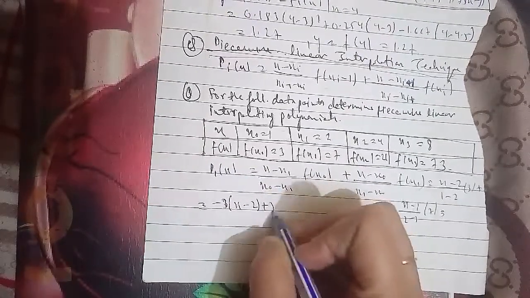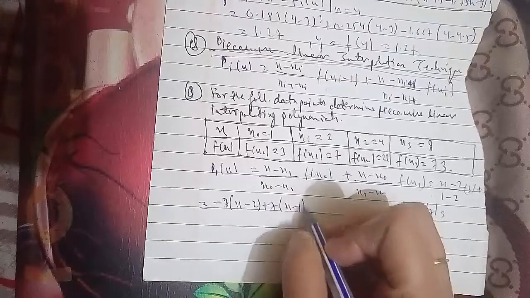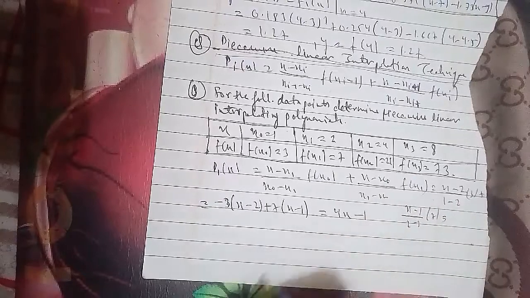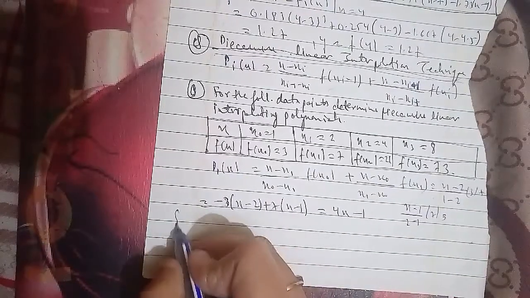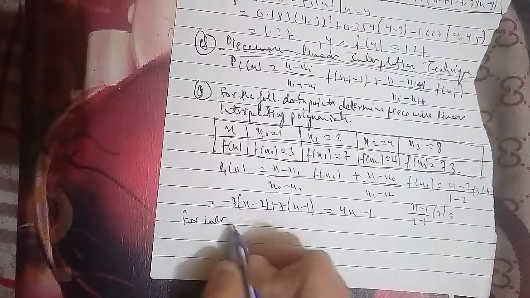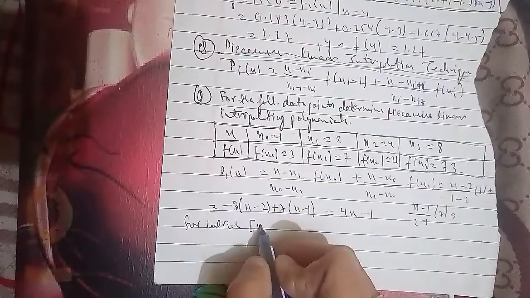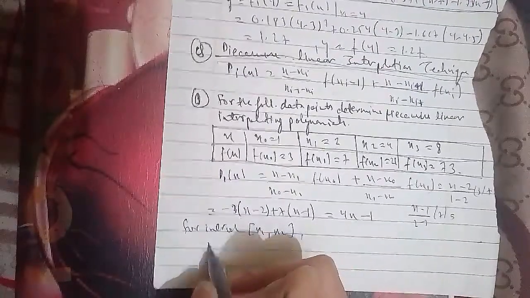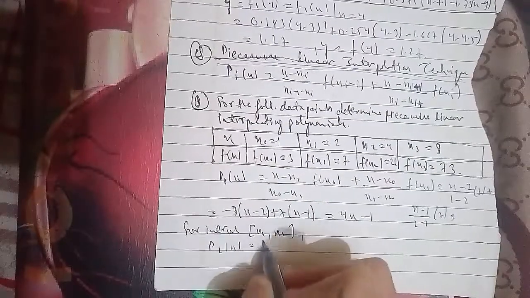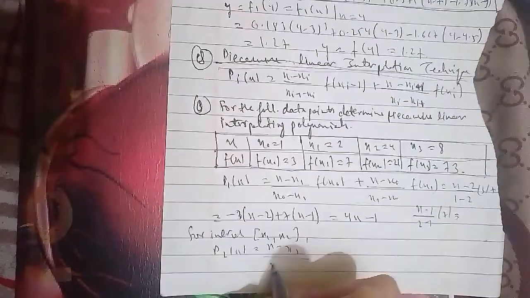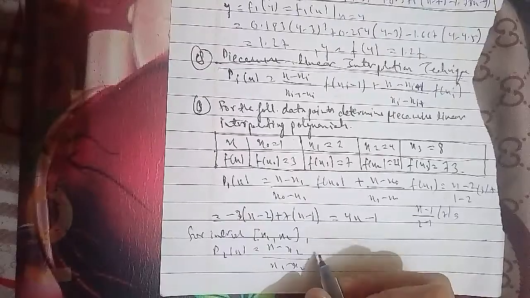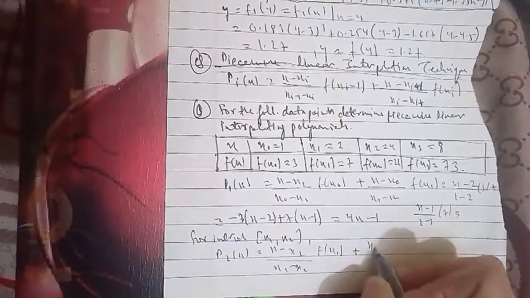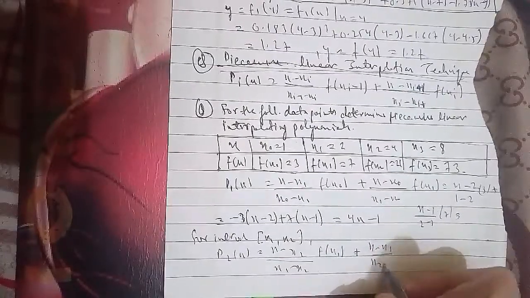So for interval x1 x2, we have p2(x) equals (x minus x2) upon (x1 minus x2) times f(x1) plus (x minus x1) upon (x2 minus x1) times f(x2).